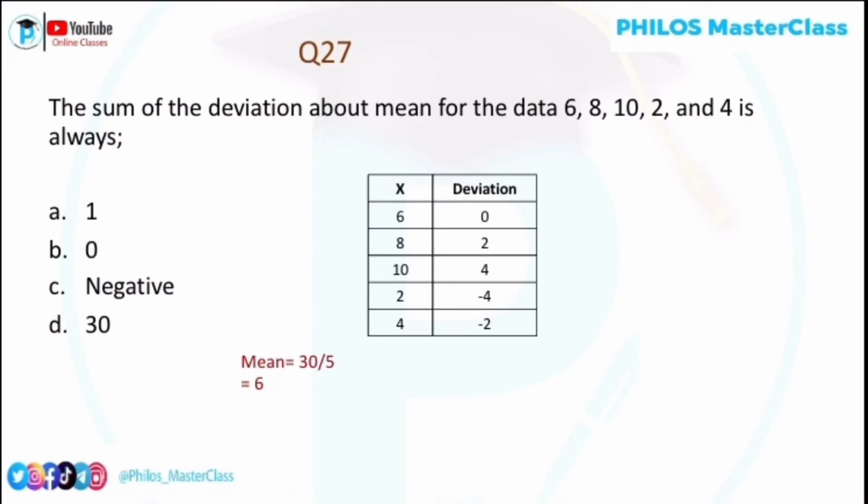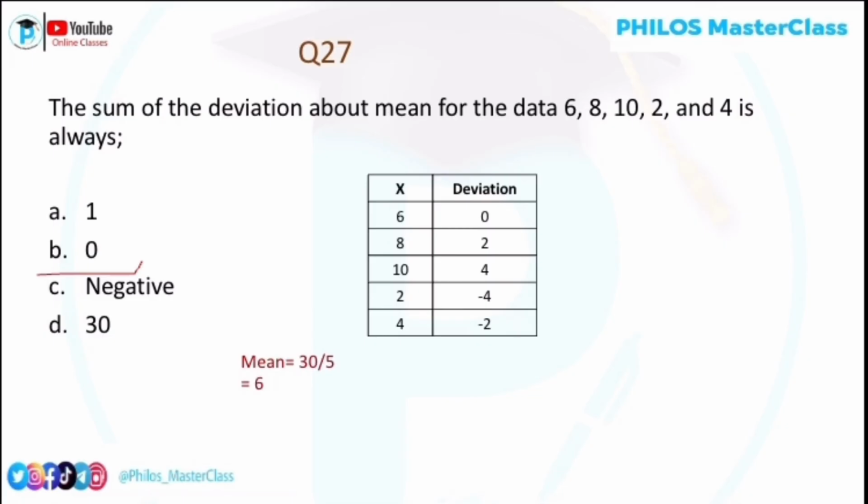Now, whenever you see a question like this, asking for the sum of deviation about the mean, no matter how large the data set is, do not worry yourself doing any calculation. Just pick 0. The answer would definitely be 0. When they ask you for the sum of deviation about the mean for the data set, they might give you any data set.